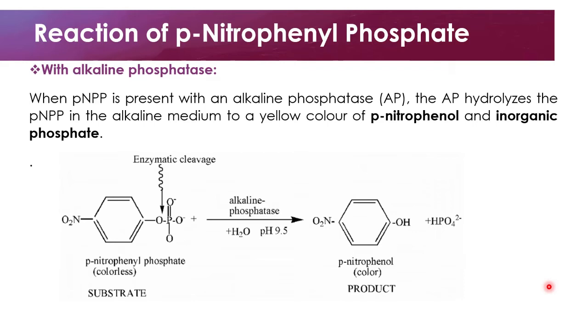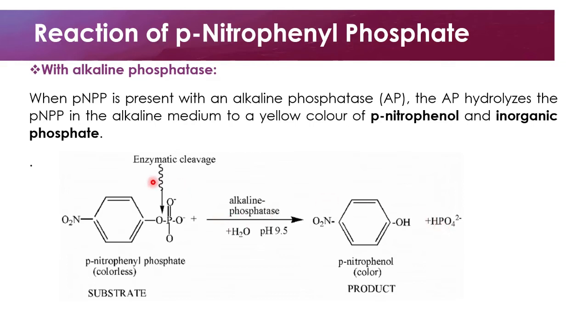Now the reaction of p-nitrophenol phosphate. We start by looking at its reaction with alkaline phosphatase. When p-nitrophenol phosphate is present with an alkaline phosphatase, the alkaline phosphatase hydrolyzes the pNPP in the alkaline medium to a yellow-colored p-nitrophenol and inorganic phosphate.